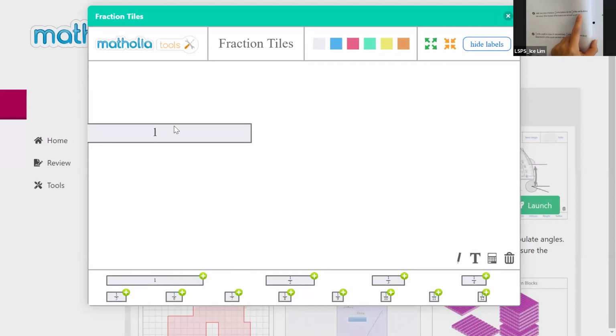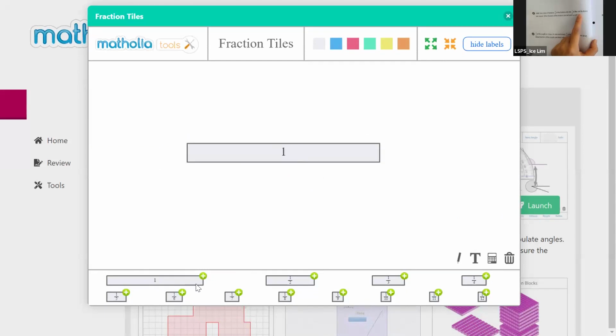Same thing, I have this one whole. Then I have 3/4 that's red. If you want to draw a model to help you answer the question, this is how you will draw. I will take this one whole and cut it into quarters. And then it's 3/4 like this.